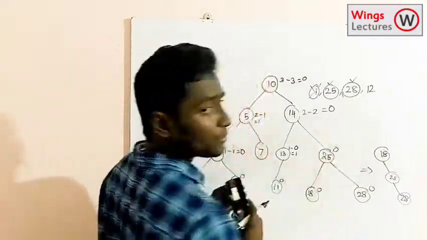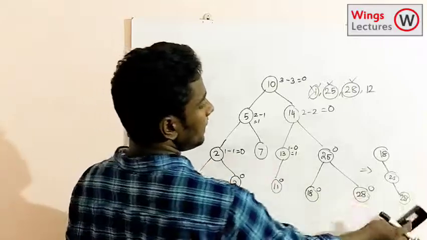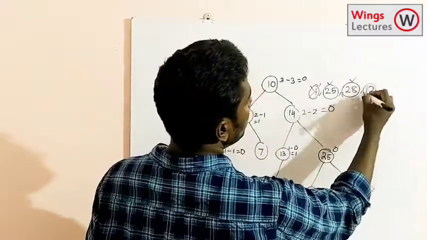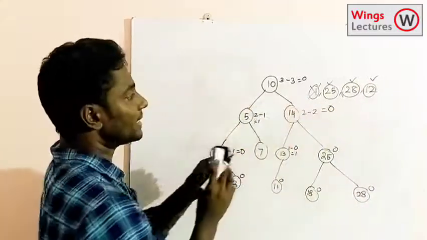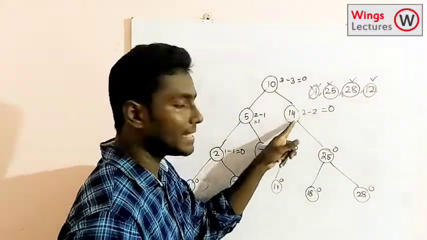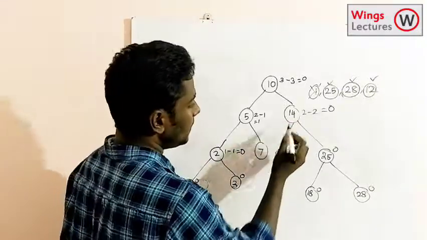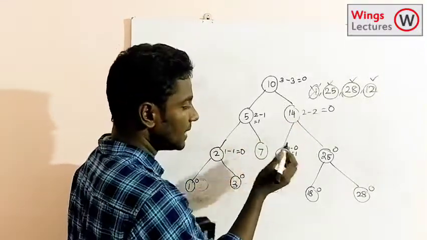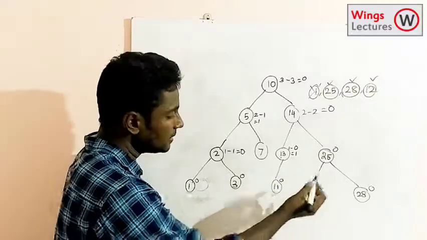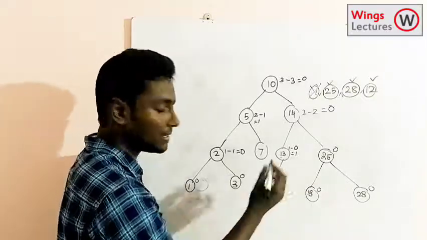Now I am trying to insert 12, the last element. 12 is greater than 10, but 12 is less than 14, and 12 is less than 13 also. But when it comes to 11, 12 is greater than 11.